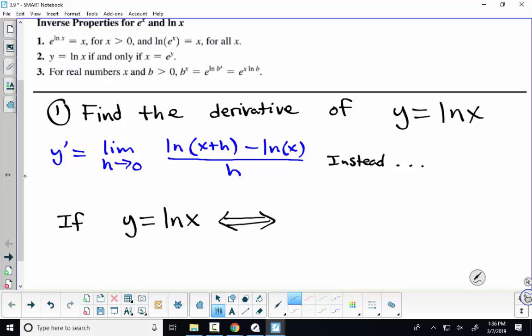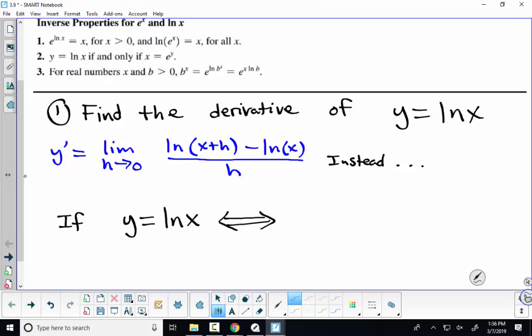X is greater than 0. That's the domain of the natural log, x has to be greater than 0, right? I'm looking for the equivalent way to write it.